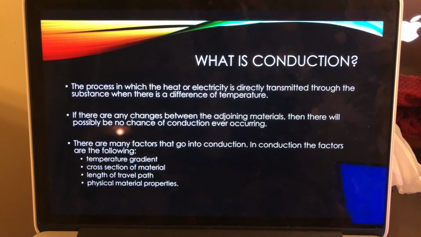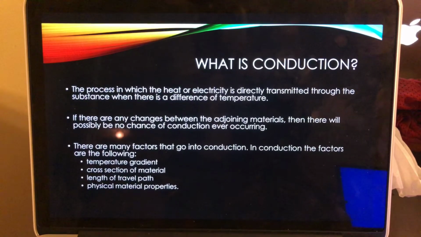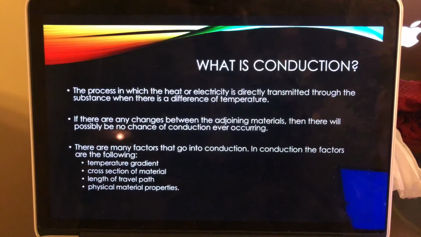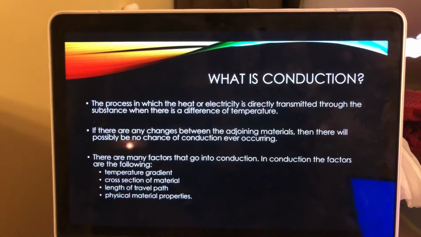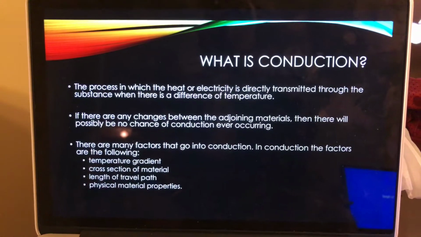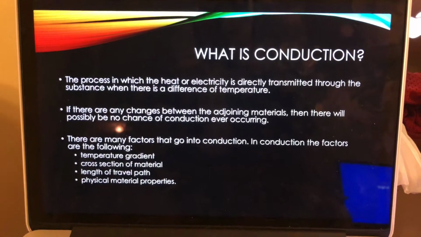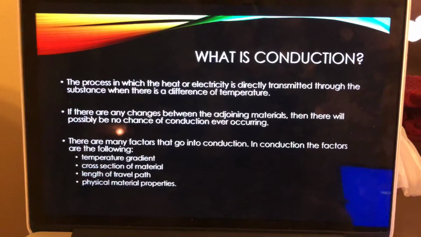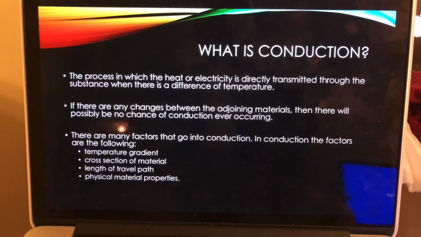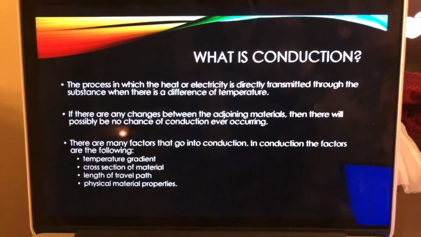Temperature gradient depends on how the heat or electricity can be transferred through the object, because of the physical material properties. This could depend on whether it is highly dense or less dense, and on volume and surface area. The length of travel path depends on how far the heat or electricity has to be transmitted through it.